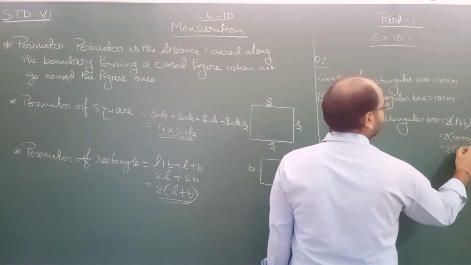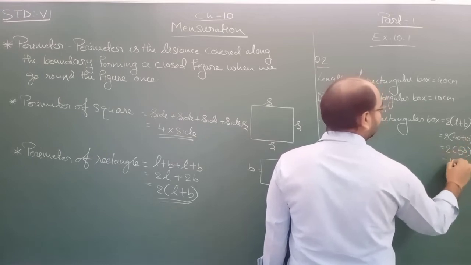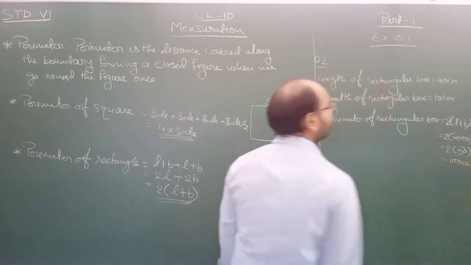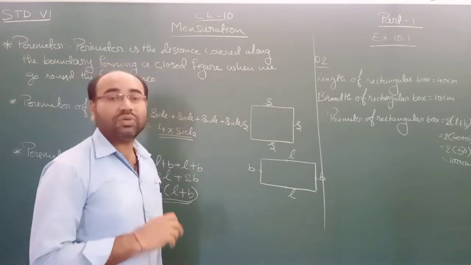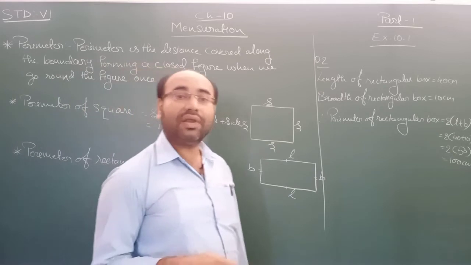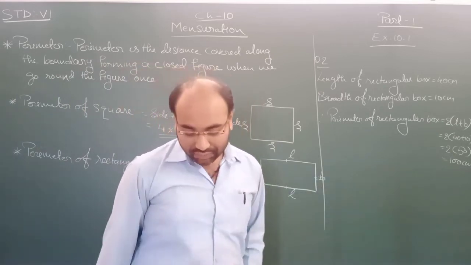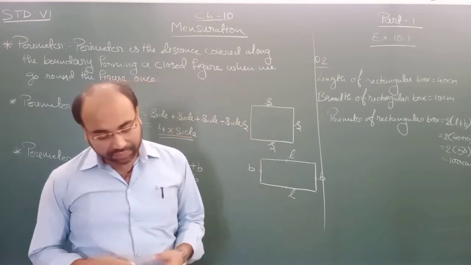So 2 into 40 plus 10 will be 50, and 50 twos are 100 centimeter. So total tape जो चाहिए for covering that lid of rectangular box will be 100 centimeter. So that was what we have to find out.